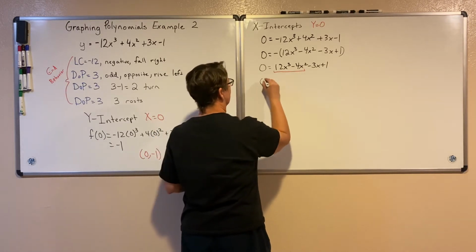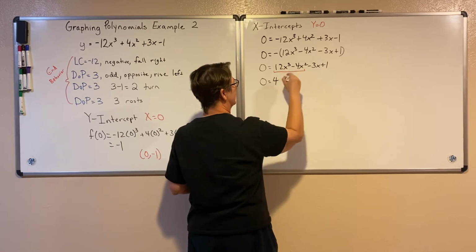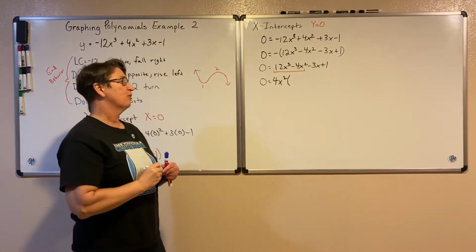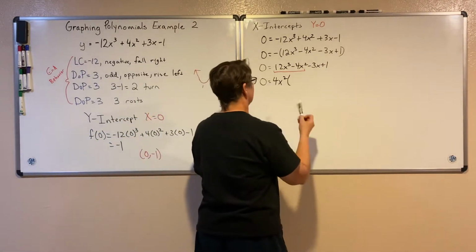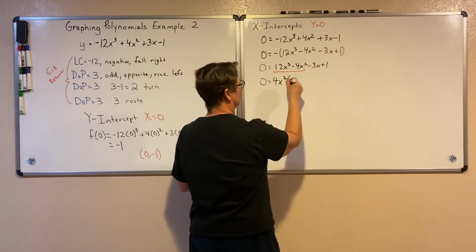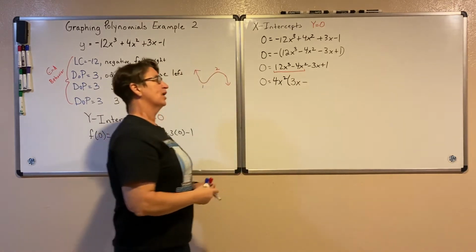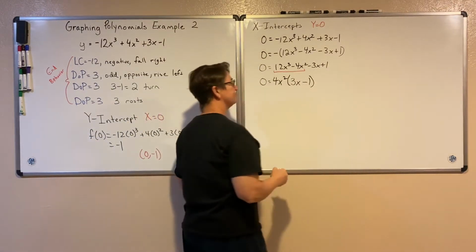There, I see that both of them have a 4, and I see an x squared. So I have a 4x squared from both of those. Then I'm going to divide that out. So 12x cubed divided by 4x squared leaves me with 3x. And 4x squared divided by 4x squared leaves me with 1.